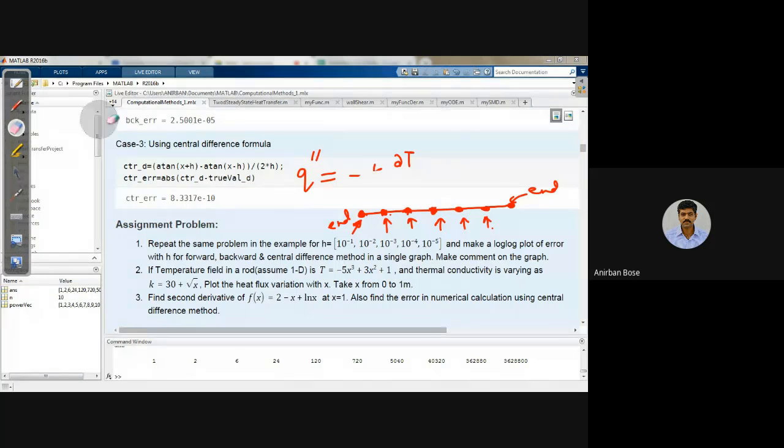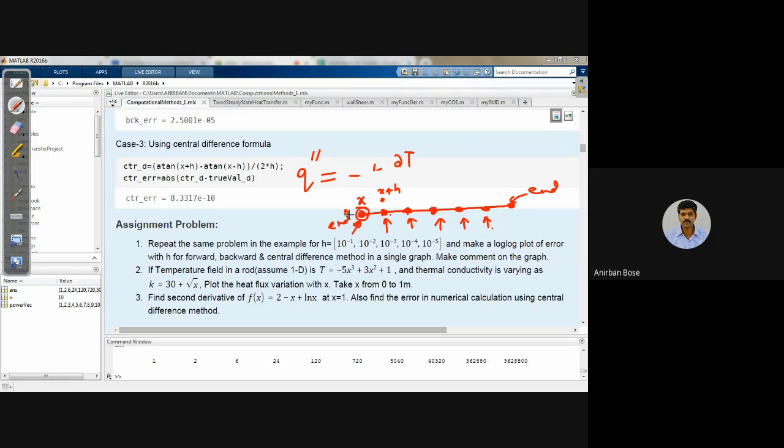for the left end, what formula can you use? Definitely the forward difference formula, because you have only the neighbor at the forward point. Here only the x plus h point is there if you consider this as x.